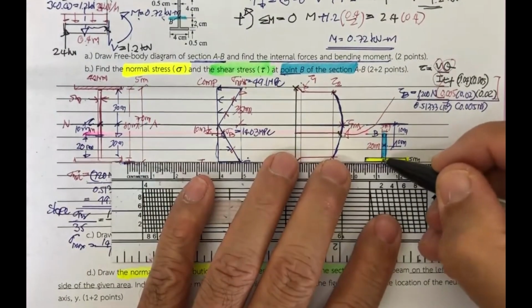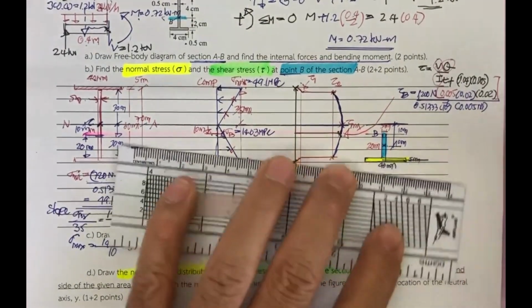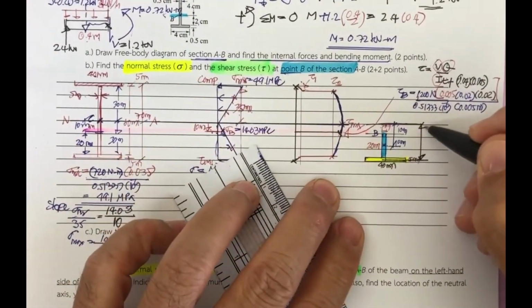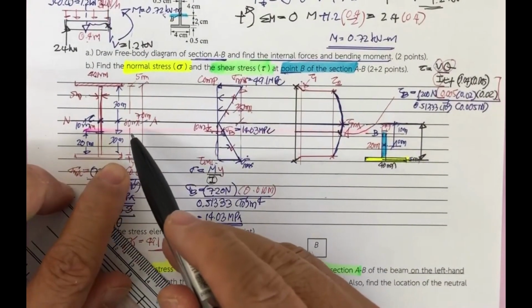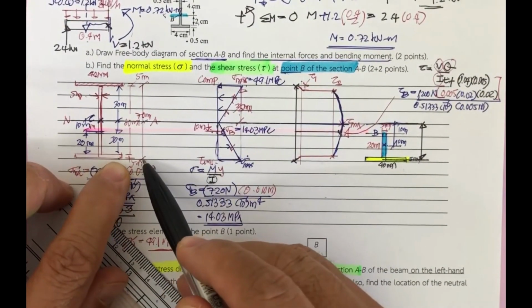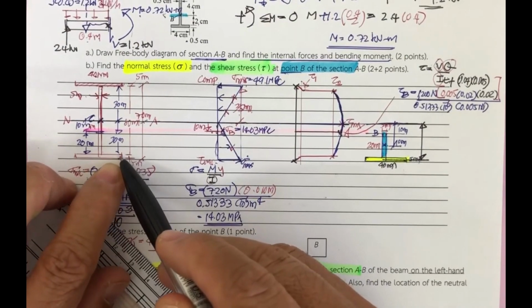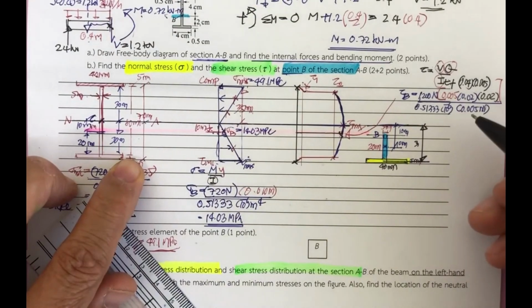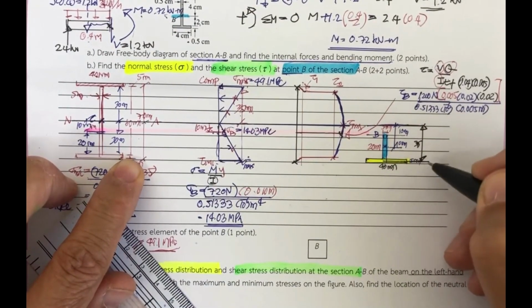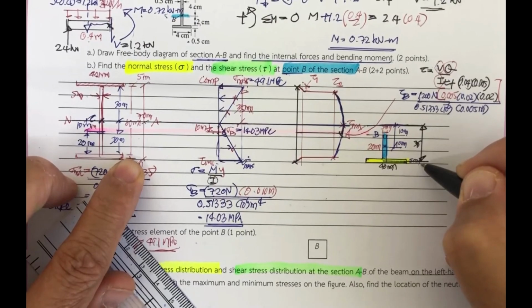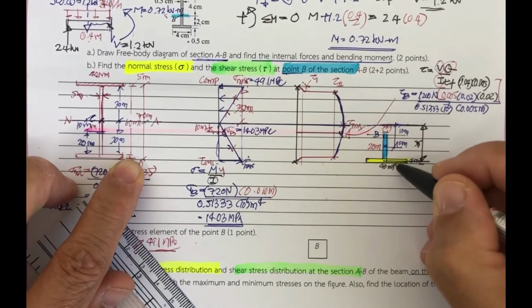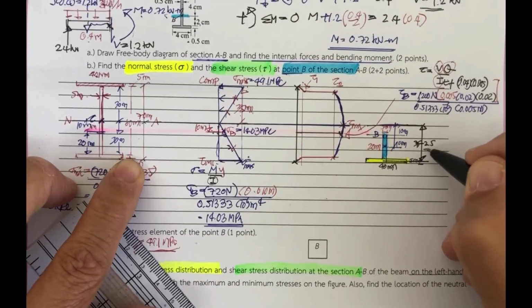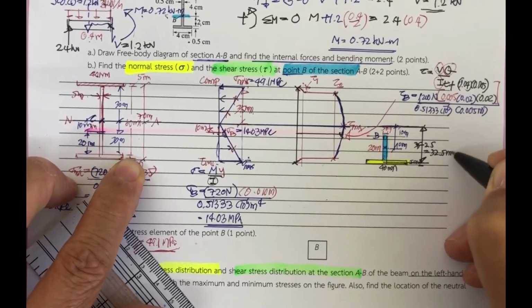Then the distance measured to the neutral axis is the moment arm. Half of this, from here to here, is 30 plus 5, so the total is 35. Then you have to subtract half of the thickness, 2.5, so this one is going to be 32.5 millimeter.